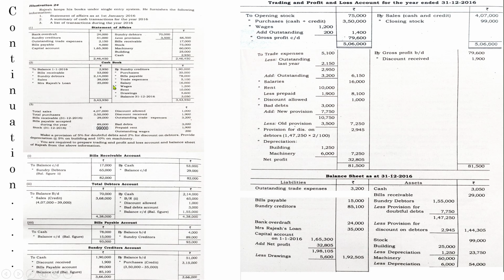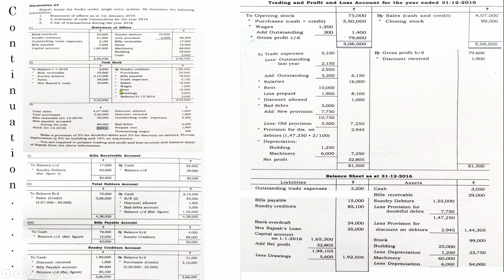Usually we will miss this amount. So I am repeating countless times: go through each and every item while dealing with individual accounts. While preparing each ledger account, go through each item. While preparing the trading and balance sheet, go through each item. You may think, for preparing the balance sheet, why do we have to check the cash transactions? See, for balance sheet preparation, we need only the closing balance of cash.